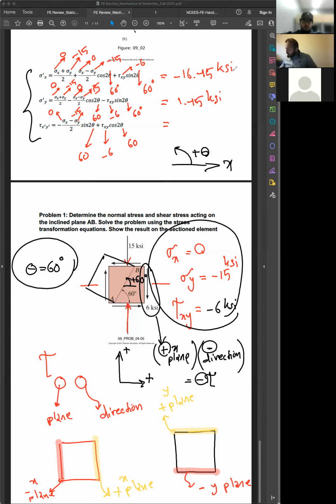And this one, so it is negative. There are like 3 negatives, right? It would be 1, 2, and 3. So it would be positive. So it would be 15 over 2 times sine 120 plus negative 6 times cosine 120. So this one would be 9.49 ksi.